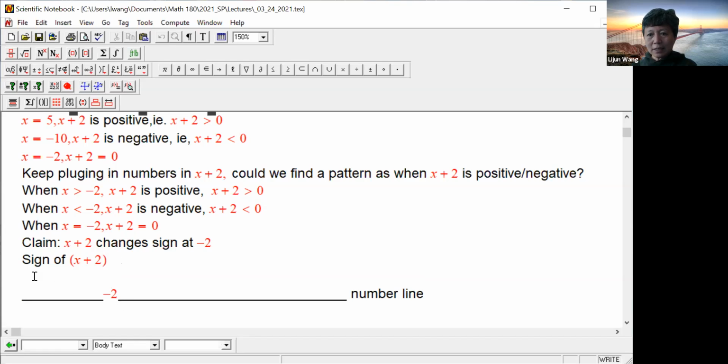In terms of the sign of x plus 2, when x is less than -2, it's negative. I'm using a negative sign above it. At -2, it's 0. Beyond -2 is positive. Does everybody follow me?